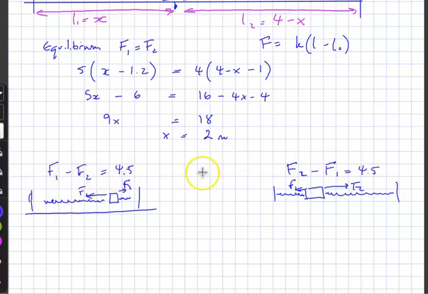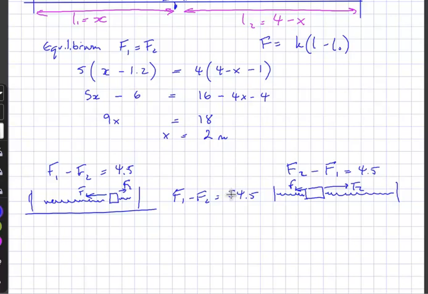Now, you can see they're both basically the same. We could tie that up by simply saying that the difference between the two forces is plus or minus 4.5. That would be the quickest way to set this up. You could do it separately, but let's work on the whole thing as a whole. So we've got expressions for F1 and F2.